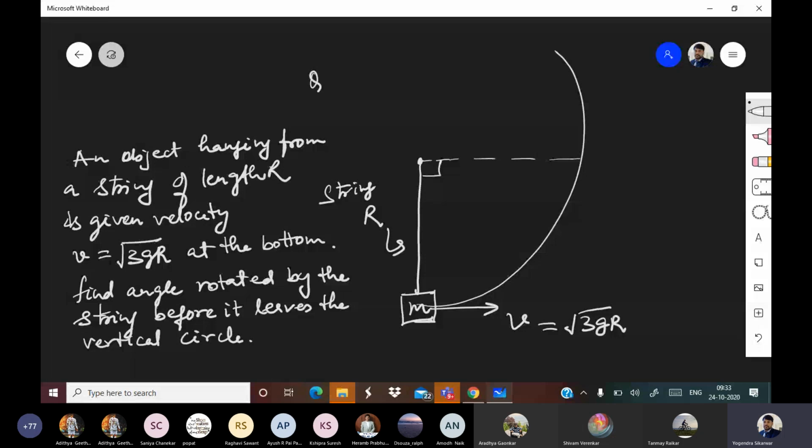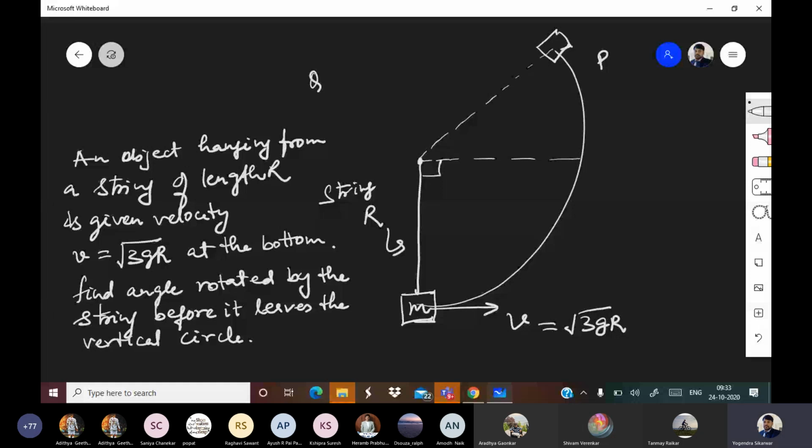Okay, everyone, please pay attention. Enough time given. I cannot keep on waiting for so long. Pay attention. So we are assuming that let's say at point P, object is going to leave the vertical circle. So what will happen at that point? Let's say this is the situation. This is the object. All right.